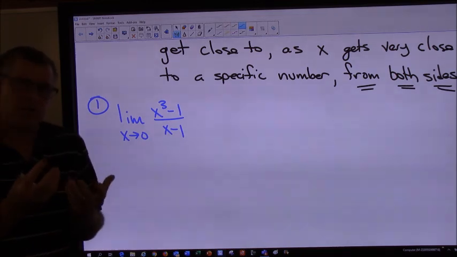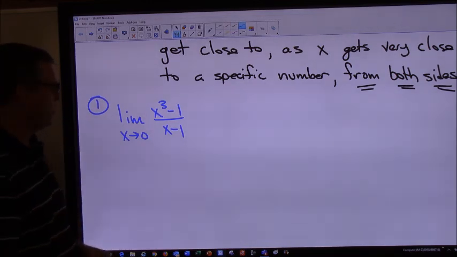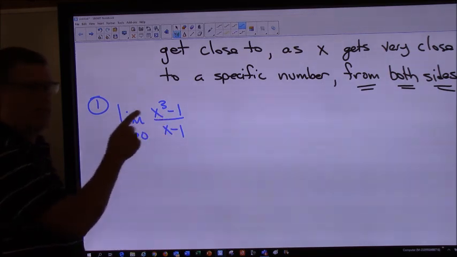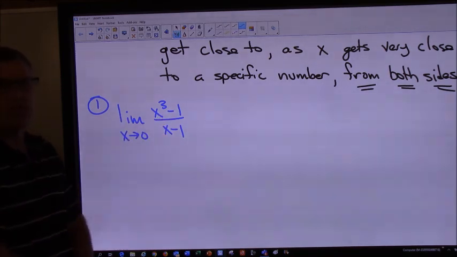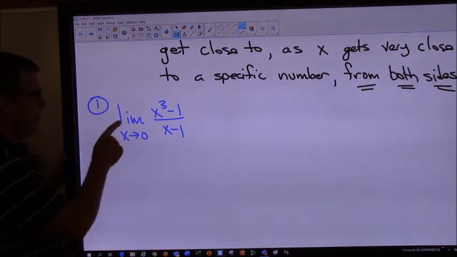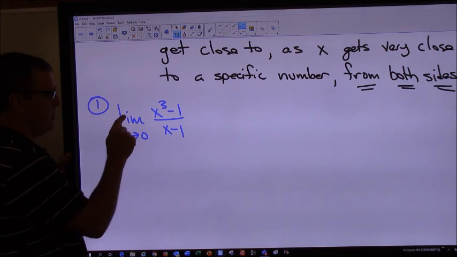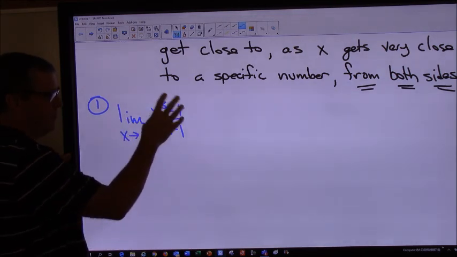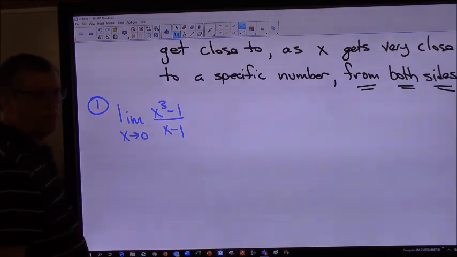Now I asked the question a little bit differently on our entry task. I said, what do these values get close to of this function as x gets really close to 0? But this is the way we would write it in calculus. And the way we pronounce this is, the limit as x approaches 0 of this expression, x cubed minus 1 over x minus 1.